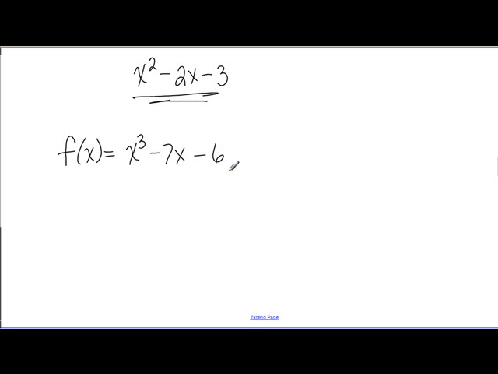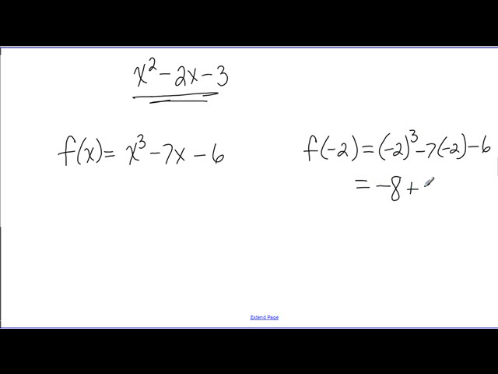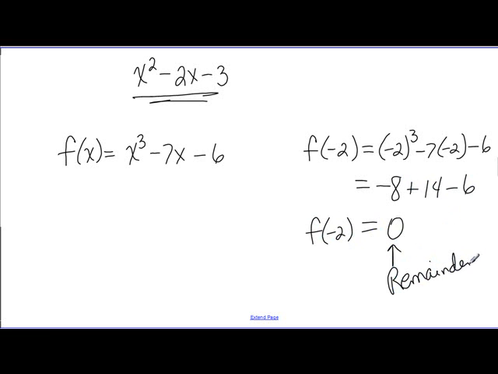If I ask you to find f of negative 2, of course you know you're going to plug in negative 2 for x, negative 8 plus 14 minus 6, and when you add, you get 0, which was the remainder. That's always going to happen.